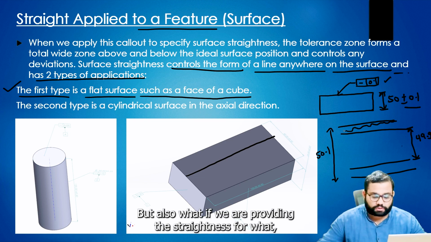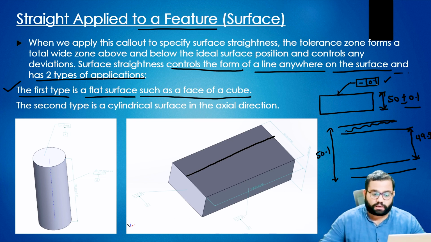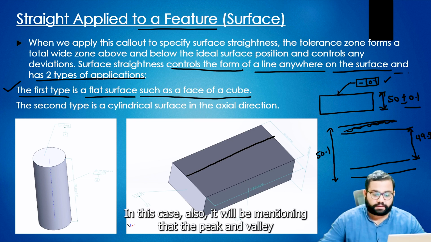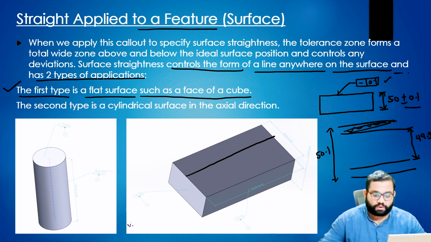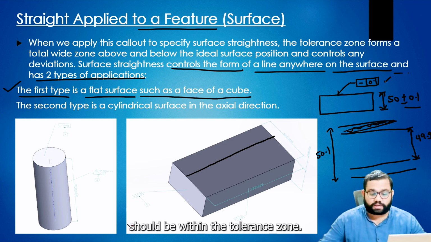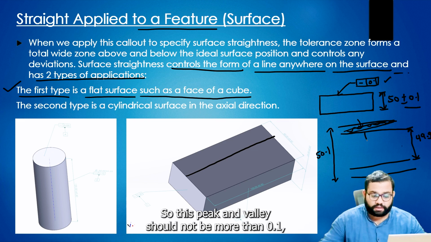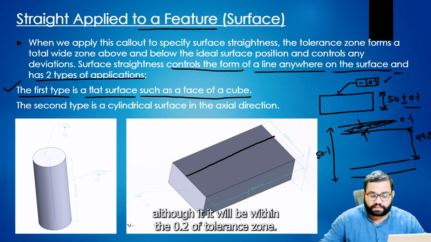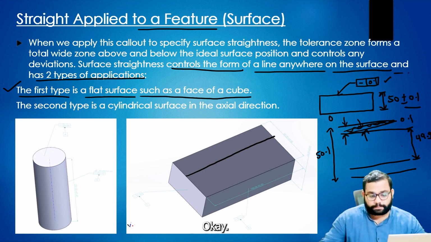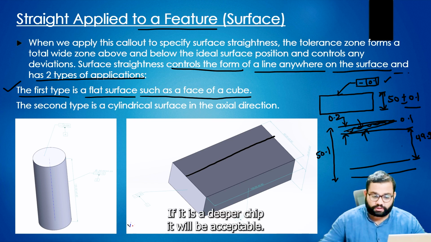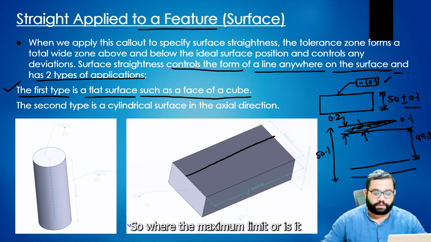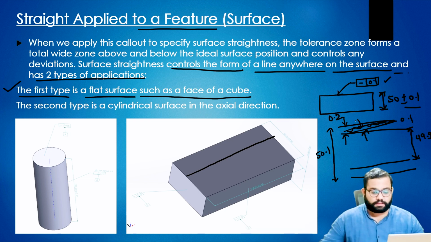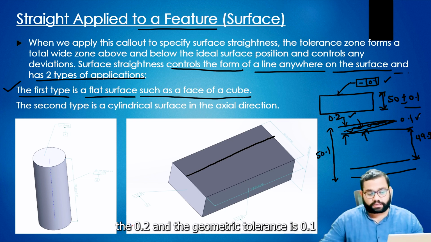But if we are providing straightness to a feature, in this case also it mentions that the peak and valley should be within the tolerance zone. This peak and valley should not be more than 0.1, although it will be within the 0.2 mm tolerance zone. If it is in a taper shape, it will be acceptable, where the maximum limit is 0.2 and the geometric tolerance is 0.1.